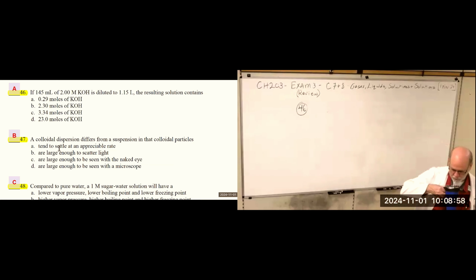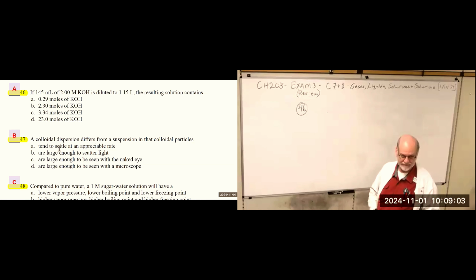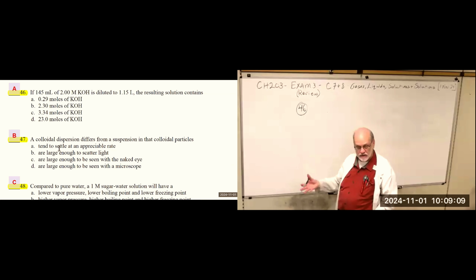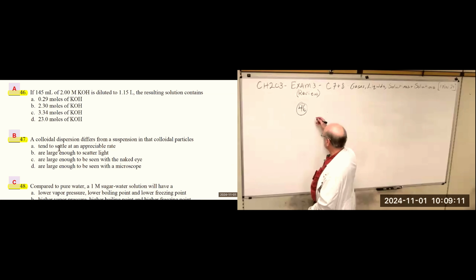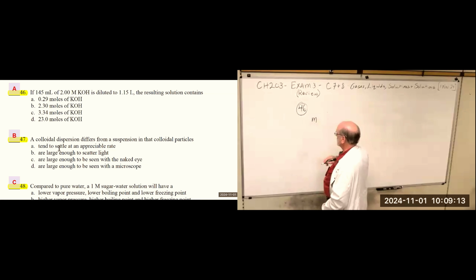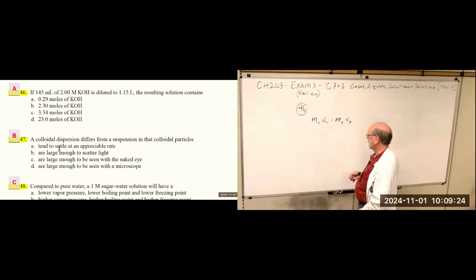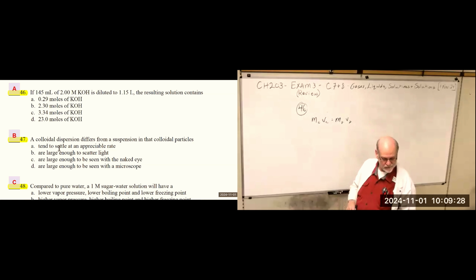A dilution problem. And what can we use to calculate the end product of a dilution? We can use the molarity of the concentrated times the volume of the concentrated equals the molarity of the dilute times the volume of the dilute.